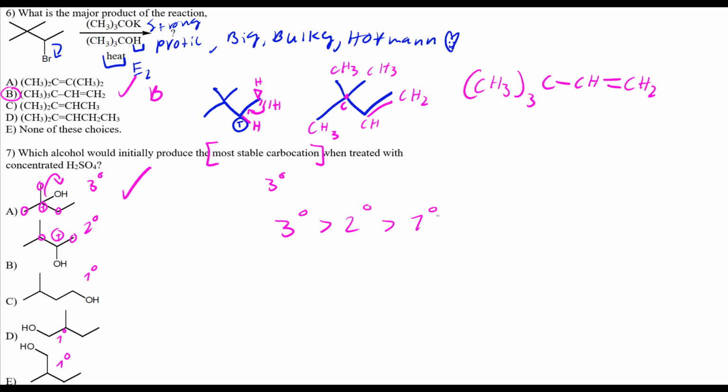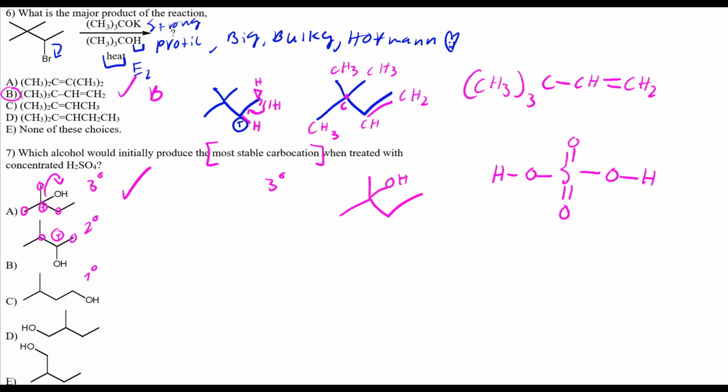Okay, so now let's actually do the reaction. So what happens in this reaction we're doing with a concentrated sulfuric acid? Oh, by the way, since this is a tertiary carbon, you're not going to have a lot of sulfuric acid to work with, right? You don't need as much because already this is a very easily manipulable molecule, right?